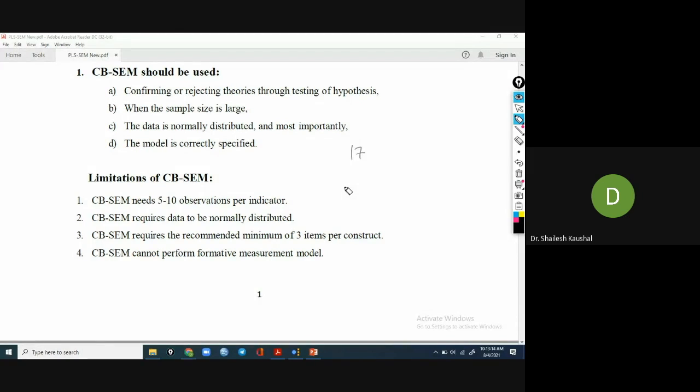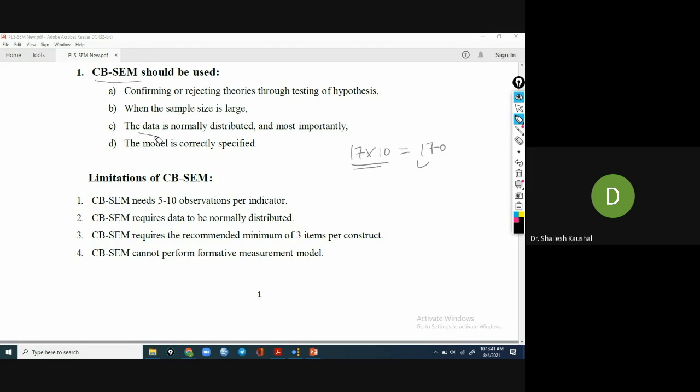So what should be the sample size for performing the CBSEM? Generally we should take at least 10 times the number of variables. So if my sample size is high, then we can perform the CBSEM in AMOS software.